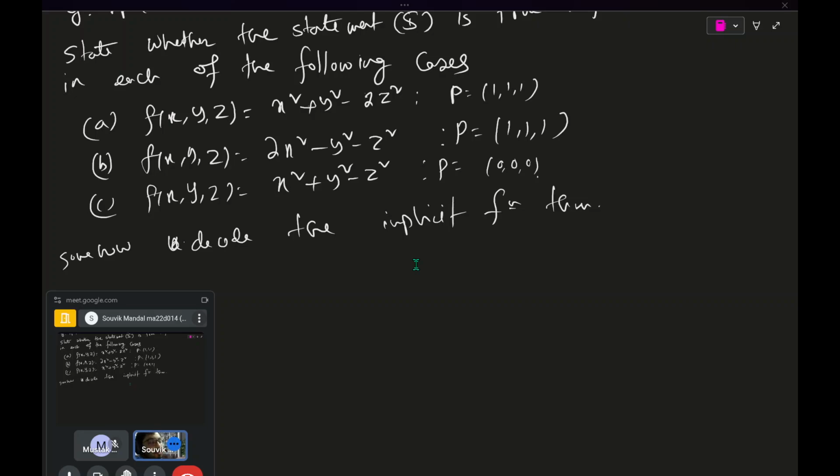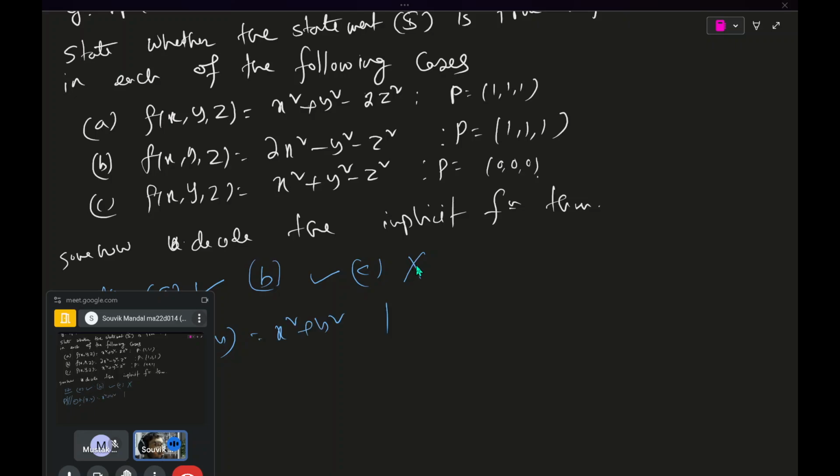So let me write down the solution. The function given in A will satisfy, the function given in B will satisfy, the function given in C will not satisfy. How to prove it? The function h of x, y for the point A, h of x, y is x squared plus y squared.